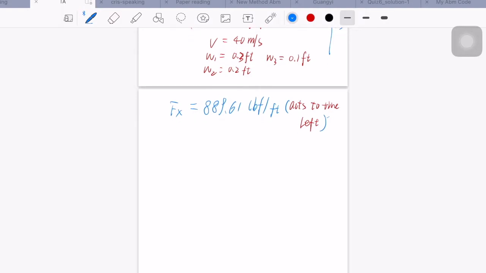And then we apply the momentum equation in the y direction.